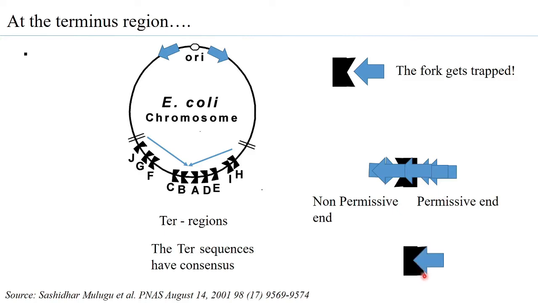So you will ultimately have one fork getting trapped, and because this gets trapped, it stays over here. In the meantime, the other fork comes and they converge at this point. So effectively, the ter region is responsible for the two forks converging at a particular point, and this seems to be very important for termination to happen.